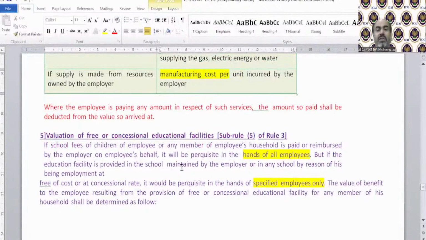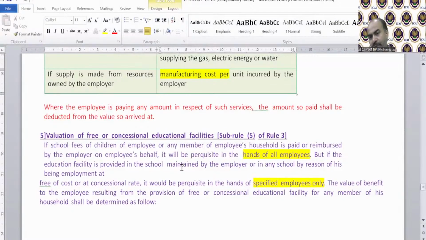Valuation of free or concessional education facility. Again, same provision. If the bill is in the name of employee and paid by employer, it's taxable for all employees. But if the school is maintained by employer, assume you are teaching in a school which is owned or run by employer, in that case, this perk is going to be taxable only in the hands of a specified employee.